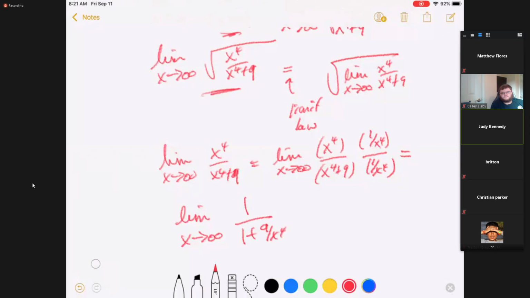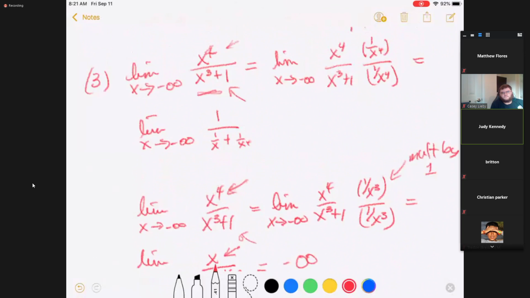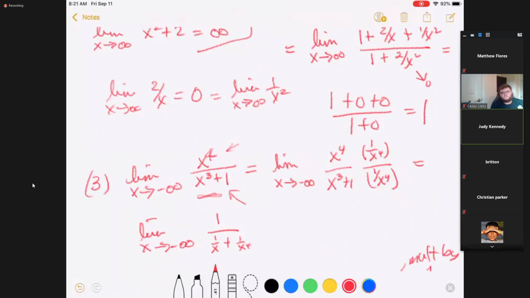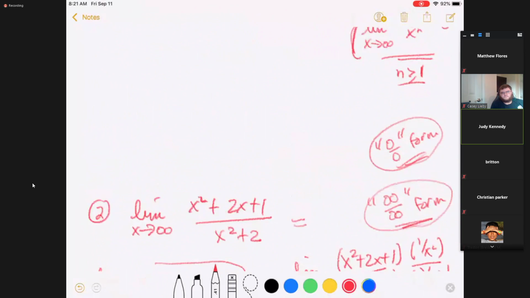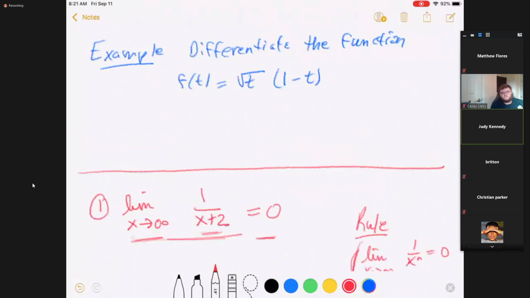And now it's easy to see what's going on. 9 over x to the fourth, for x large, that's going to be really close to 0. So the limit's going to be 1 over 1 plus 0, which is 1. Okay, that gives you some examples. And in fact, these are very much like your homework. Okay, any questions?